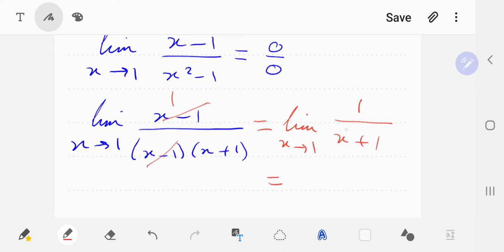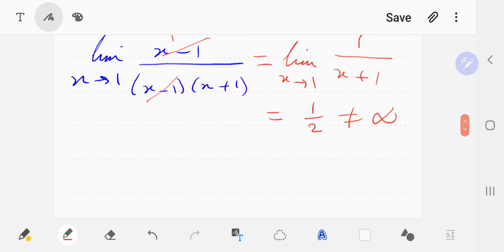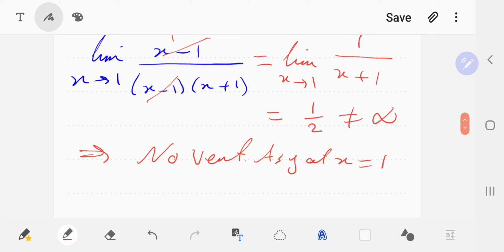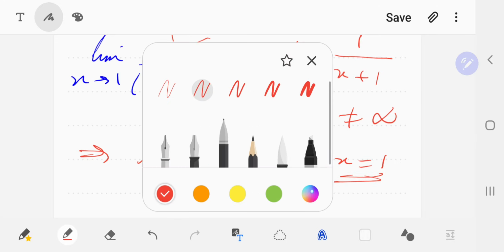When you evaluate that, you will get 1 over 2, which means it's not infinity or negative infinity. So the main result here is no vertical asymptote at x equals 1. Well, now 1 is not a vertical asymptote. What about negative 1? Let's check that.